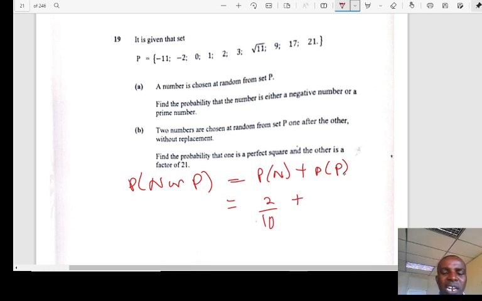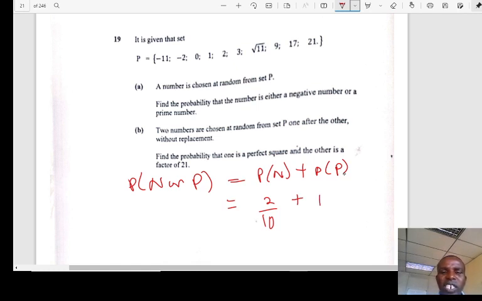A prime number, a number that has only 2 factors, one in itself. So in this case, the prime numbers, we have 2, 3, 17.